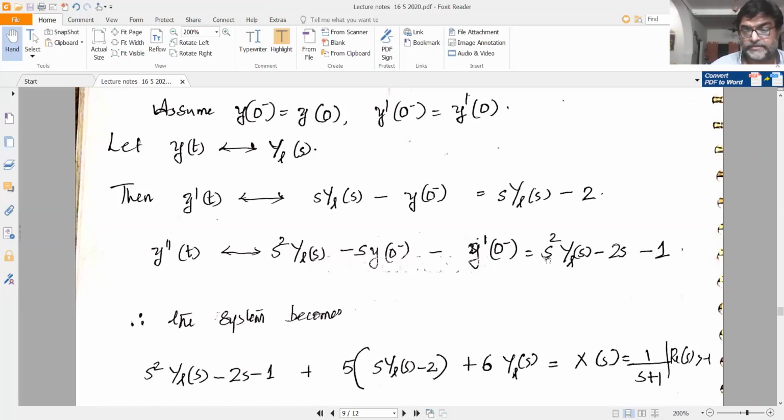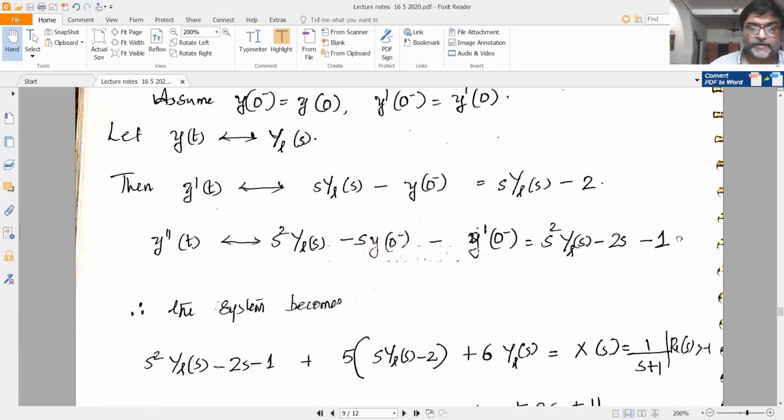Y double dash of t has got a Laplace transform given by s squared yl of s minus 2s minus 1.